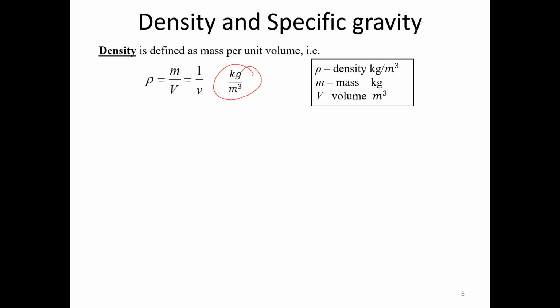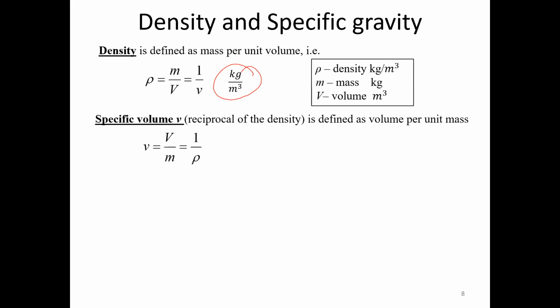So it's kilogram per cubic meter. And we have specific volume, which is defined as the volume per unit mass, or 1 over density.